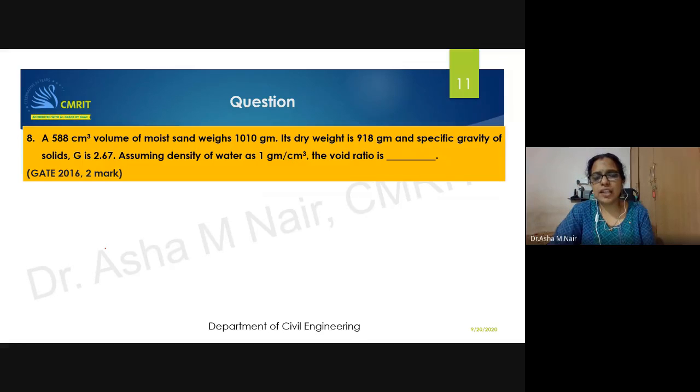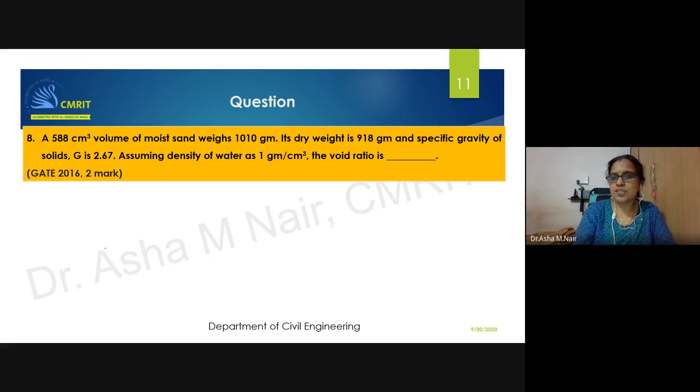A 588 centimeter cube volume of moist sand is weighing 1010 gram. Its dry weight is 918 gram and specific gravity of solids is 2.67. Assuming density of water as 1 gram per cc, the void ratio will be.